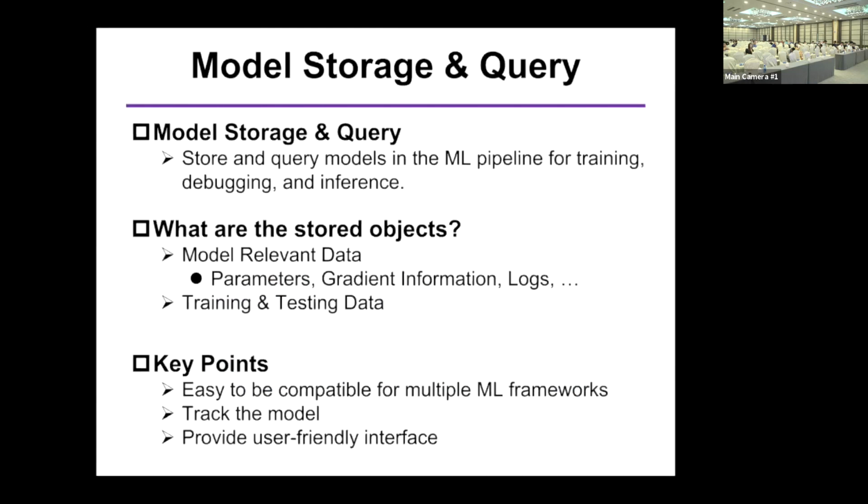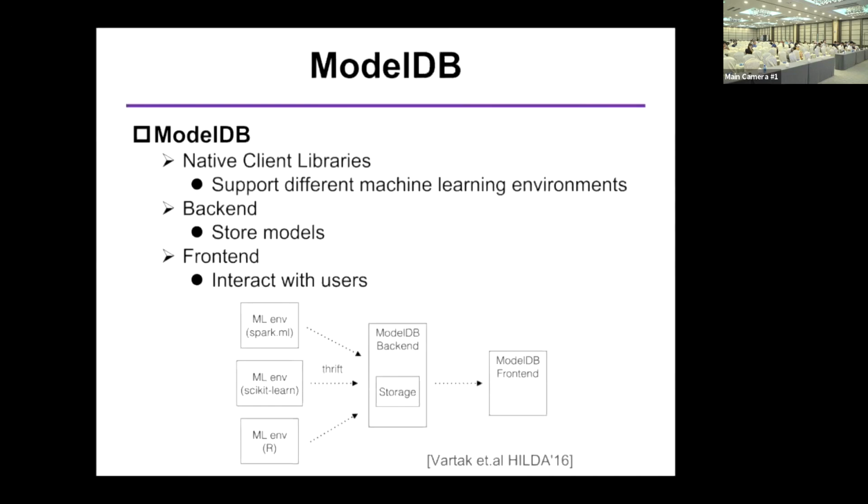So the key point is the model storage framework should be compatible with multiple machine learning frameworks, and the users can easily track the model, and there should be a user-friendly interface. And let's see ModelDB. It provides native client libraries that support different machine learning environments, and it has a backend to store models and a front-end to interact with the users.